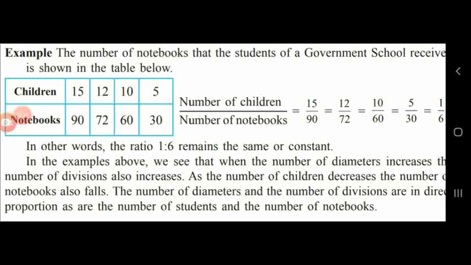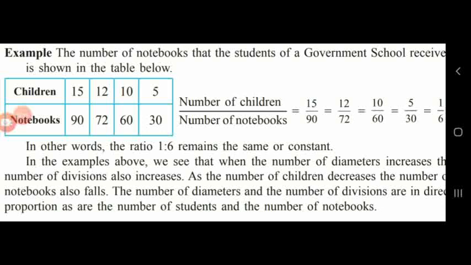Here one interesting thing you will see: if we take the ratio of these two quantities, number of children and notebooks, 15 divided by 90 is 1 by 6. 12 divided by 72 is 1 by 6. 10 divided by 60 is 1 by 6. 5 divided by 30 is 1 by 6. Means for every case, if you take the ratio, it is constant.